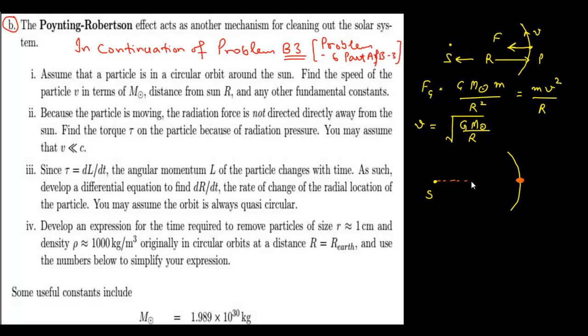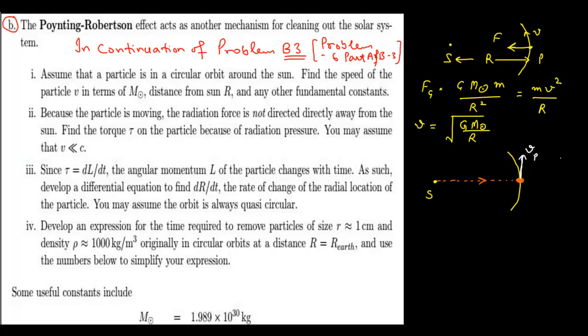Now this is the radius at that instant, and the solar radiation is in this direction. Clear? Now the direction of motion means this is the direction of velocity of the particle.